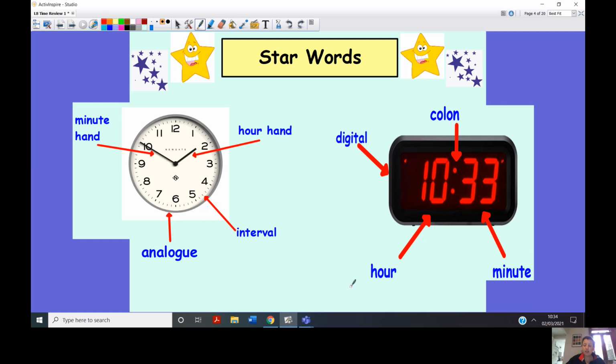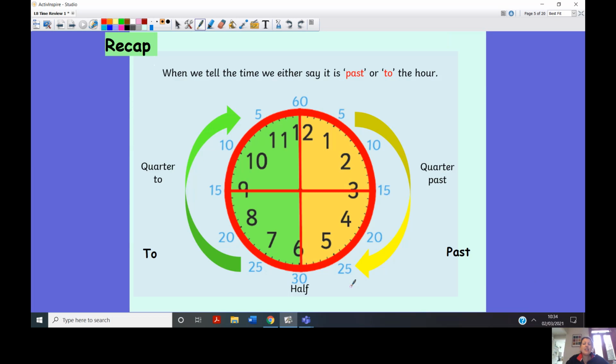So moving on, quick recap. When we tell the time, we either say it's past or to the hour. The key part of your clock, thinking about whether it's past or to the hour, is: is your minute hand beyond the half past? So the 6, the bottom of the clock. If it's not, we then say it's past the hour. 5 past, 10 past, quarter past, 20 past, 25 past, half past.